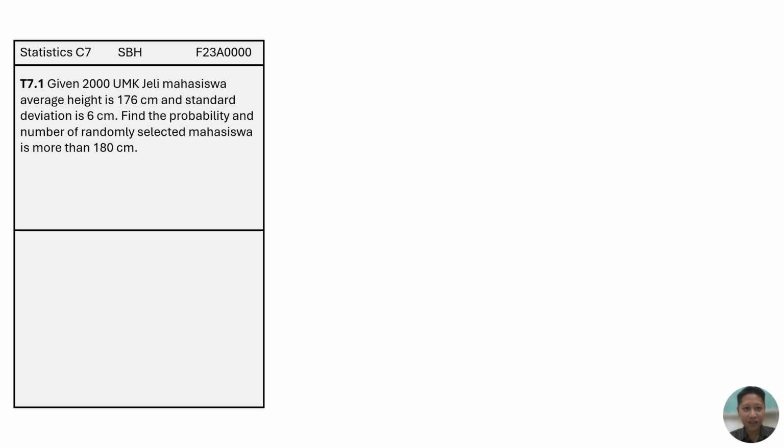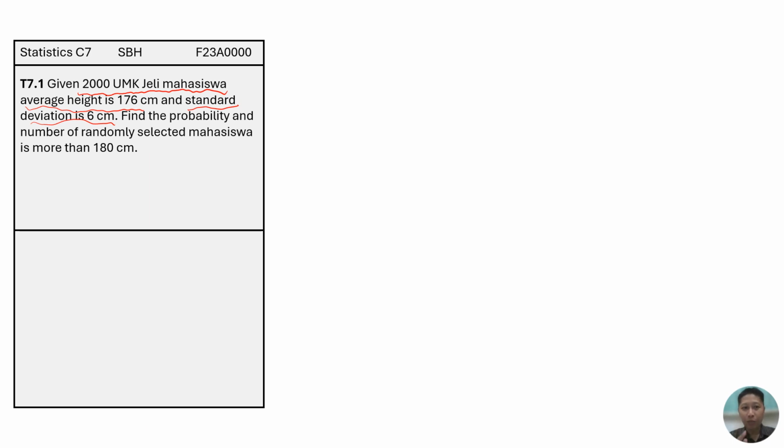The first question is 7.1, related to the normal distribution, the gray color problem, to find one individual. This question is the same as the box questions just now. Given there are 2000 UMK Jeli mahasiswa, their population average height is 176 cm and their population standard deviation is 6 cm.